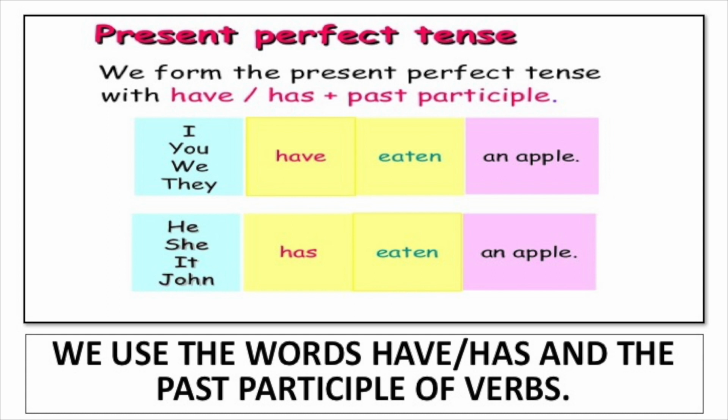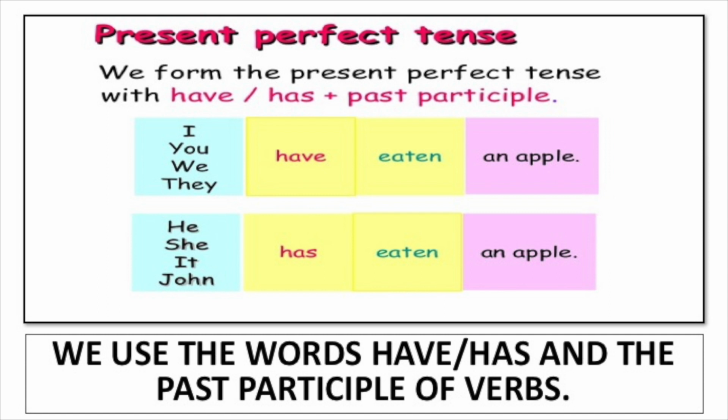But if we talk about the 4 other subjects, he, she, it, or if we refer to a person by their name, this is what's known as the third person. He, she, it, or the name of a person, such as John. We don't use have with these subjects.